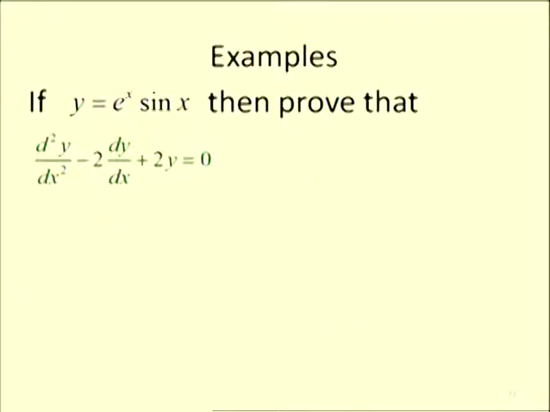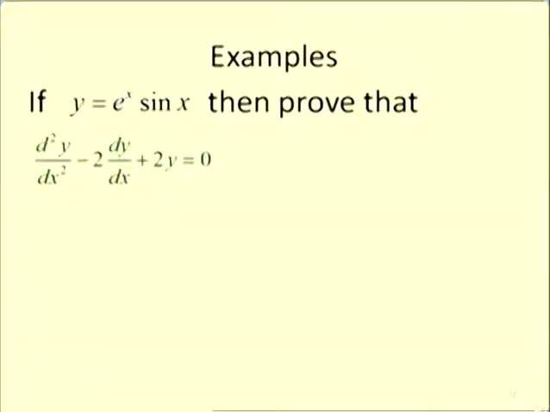As far as possible, try to substitute the value for y and dy by dx in the process, so you will directly get the result which we want to prove. The second method is you first find dy by dx, then find d2y by dx2 and substitute the values of d2y by dx2, dy by dx and y in this equation, and as a result you will get 0 on the right hand side.